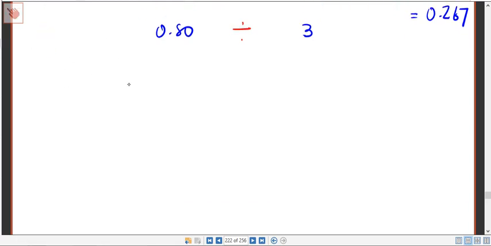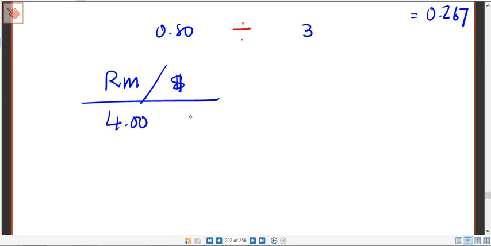Now you have here RM, you have here dollar. Okay, let's be realistic a bit. RM to dollar, roughly with Donald Trump being so aggressive, I think it's 4.0 to, let's say, 4.1, just around there, as we speak today.